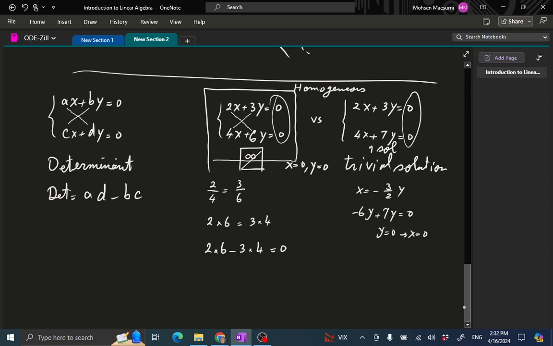You write the equations underneath each other in the same order of x and y. Cross multiply the coefficients and subtract, and that is going to be our determinant. So what we have is the following. If I have a matrix with the entries A, B, C, D, I define the determinant of it as AD minus BC.